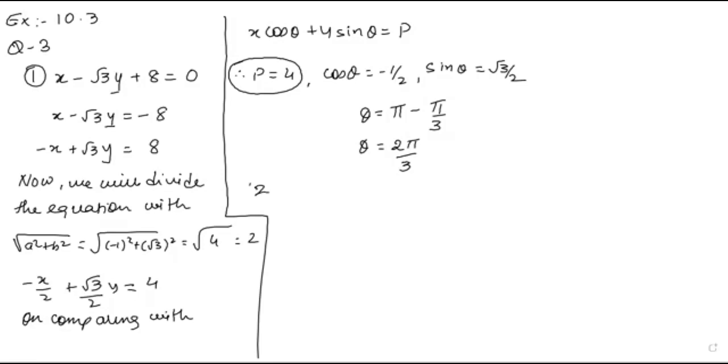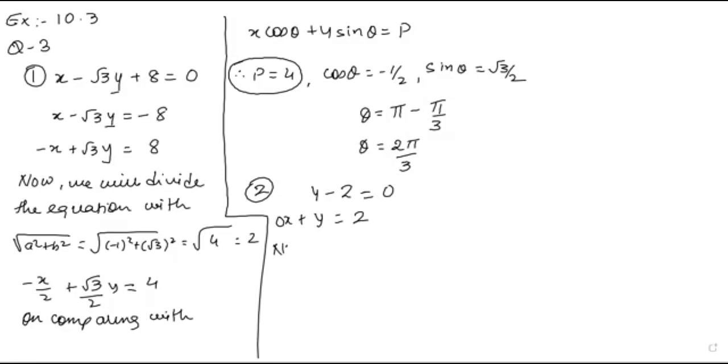So let's try to understand the second equation given. Here the equation given is y minus 2 is equal to 0. So I will take a constant over here and I will write this as 0x plus y is equal to 2.